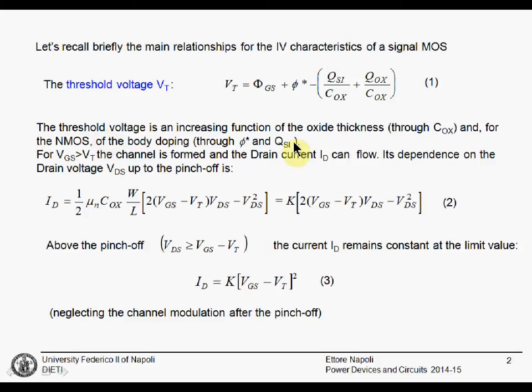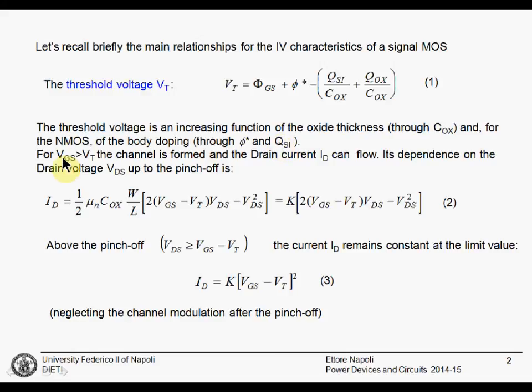The threshold voltage is an increasing function of oxide thickness, through the capacitance of the oxide, and, for the NMOS, of the body doping, because both Phi-star and QSC increase, and their joint behavior is increasing with the doping.